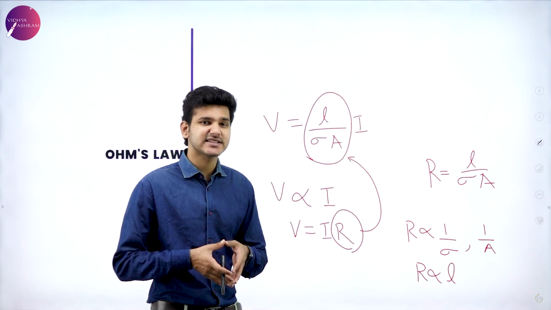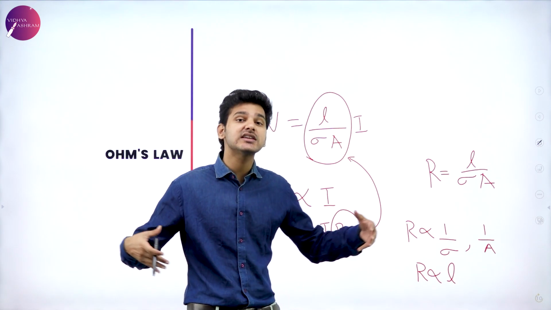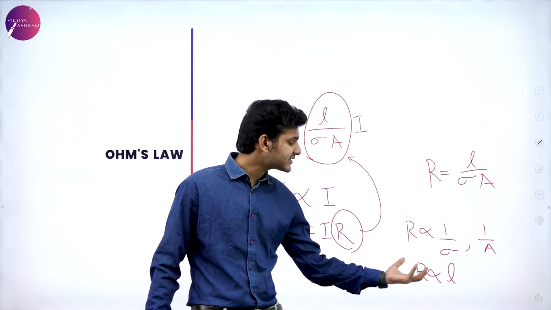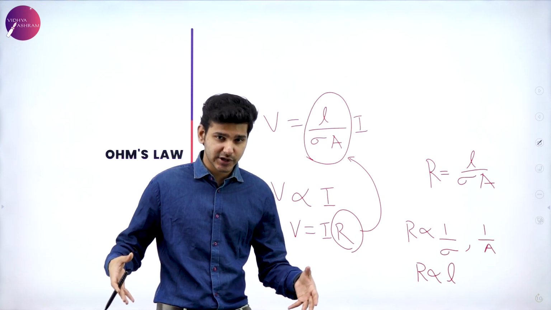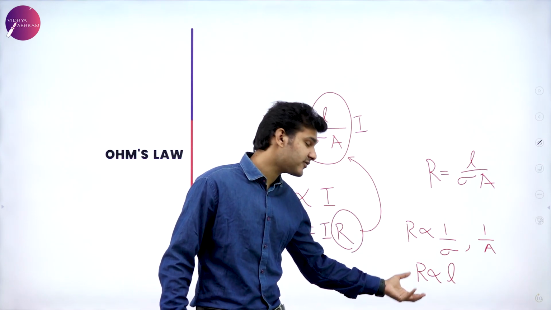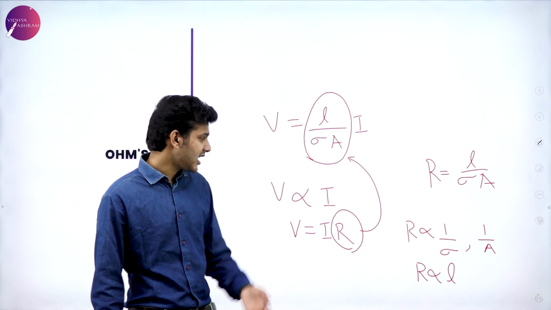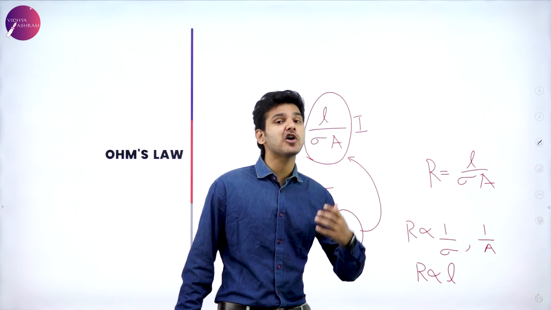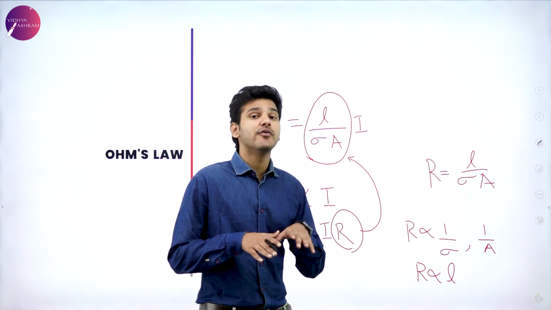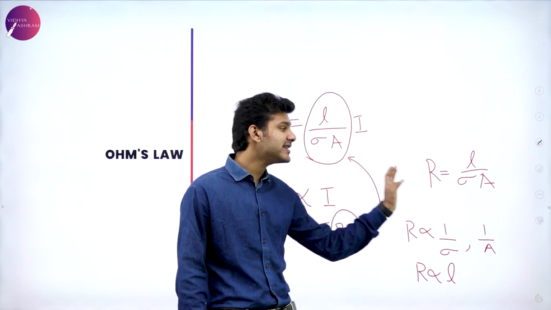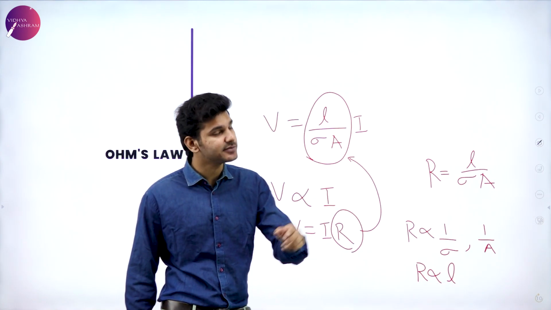So essentially, if we increase the length of a material, the resistance of that particular material will also increase. And if we increase the area of that particular material, then the resistance will go down, as they are inversely proportional.